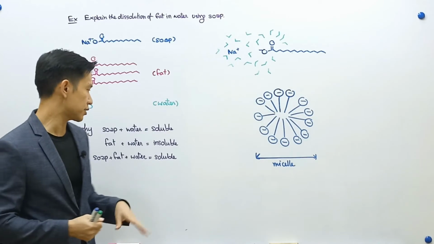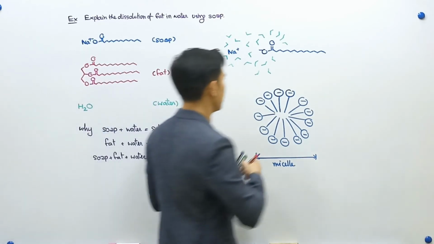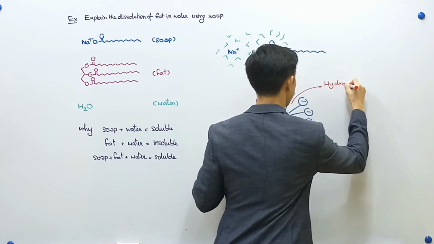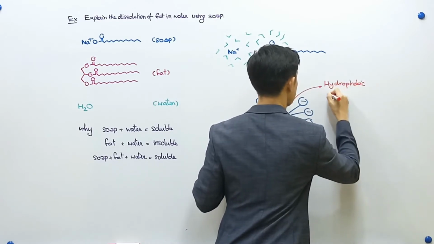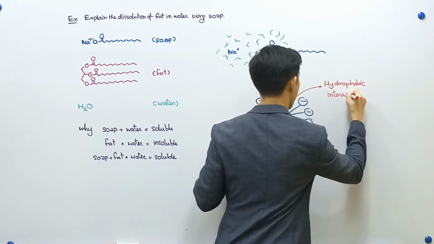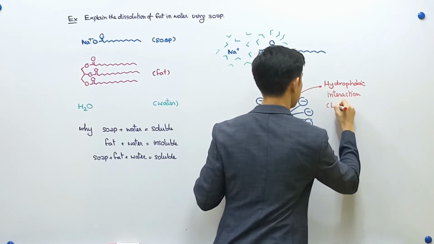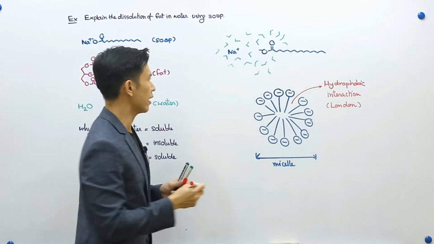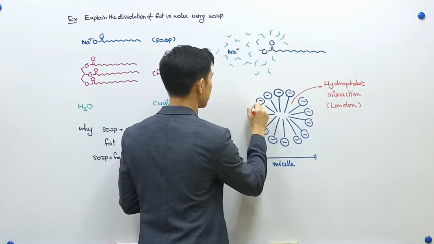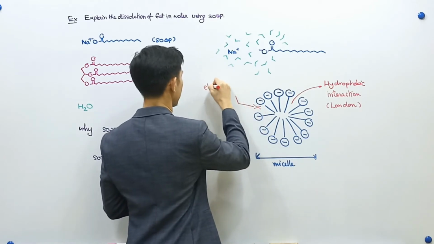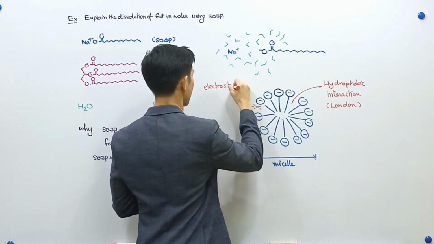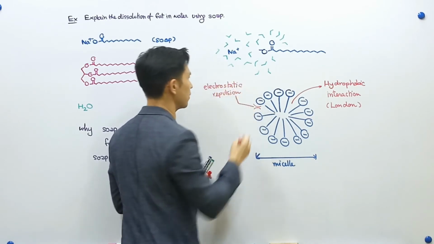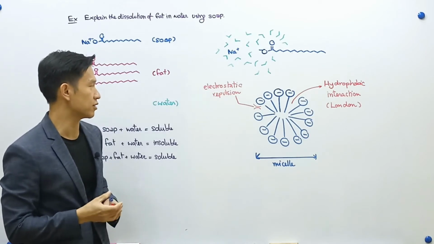In the micelles, as you can see from the picture, inside here is hydrophobic interaction, or actually it's the London force. And we have electrostatic repulsion among the negative charges of the carboxylate.